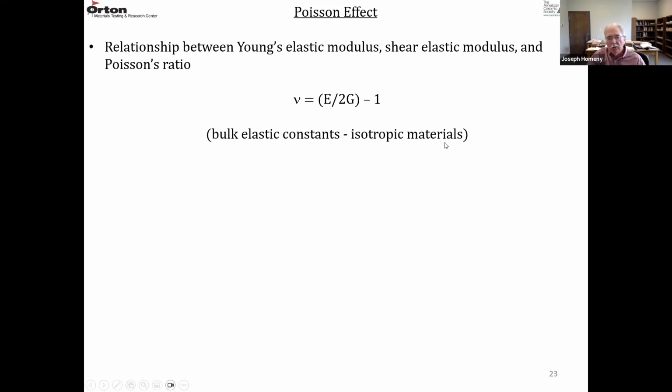When you're dealing with isotropic materials, if you know any two elastic constants, you can always calculate the third one. There are other elastic constants like bulk modulus, and there are other equations that relate at least three elastic properties. So once you know two properties, you can always calculate a third.